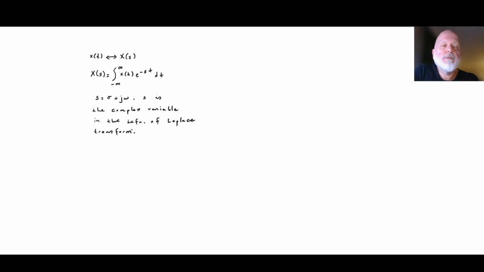Okay, an important item related to the Laplace transform is the region of convergence of the Laplace transform.